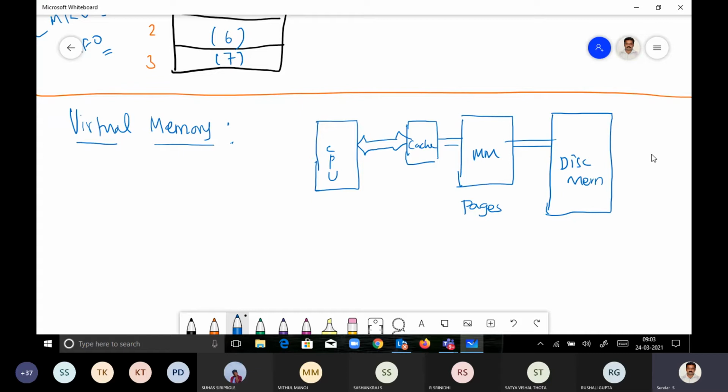Otherwise, it has to go to secondary memory. If even that information is not in the secondary memory, then it's an overall new thing the CPU is looking for. It won't occur, but in general, the new thing has to be stored by the programmer in disk memory. Now let us focus our attention on this one.